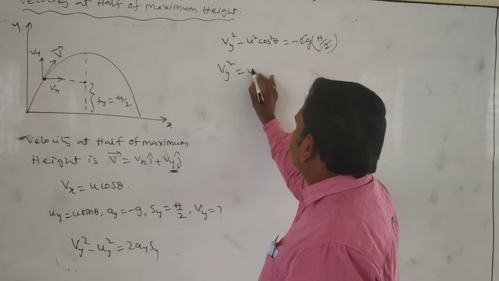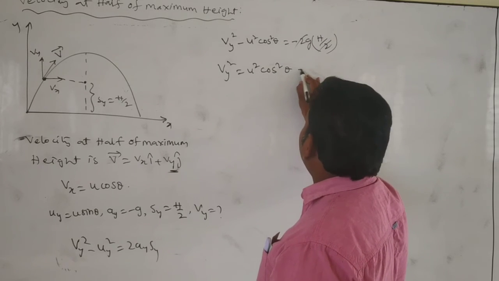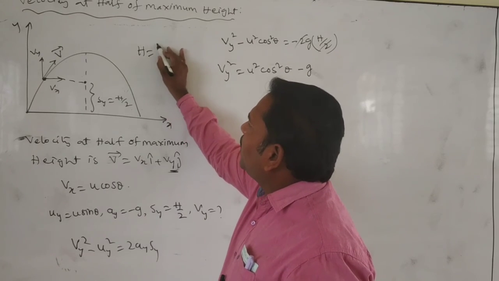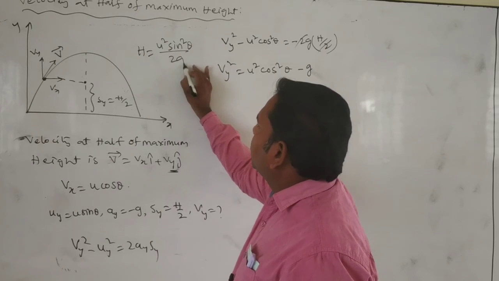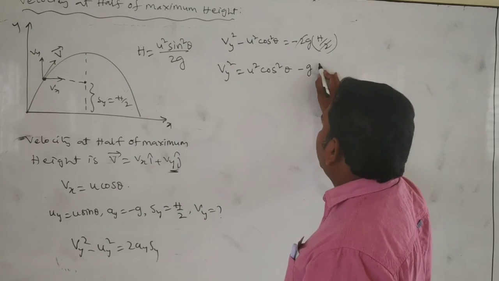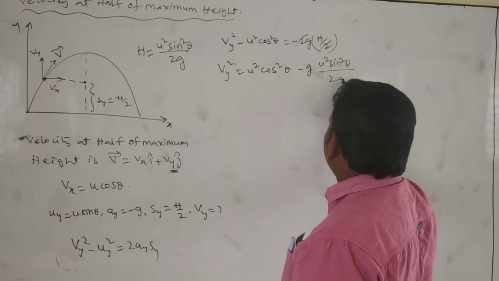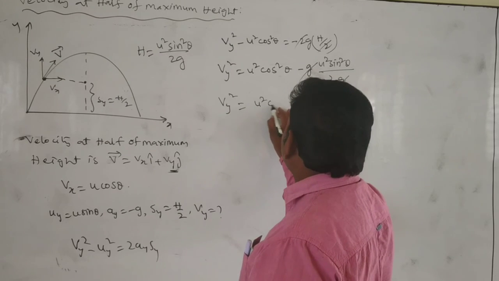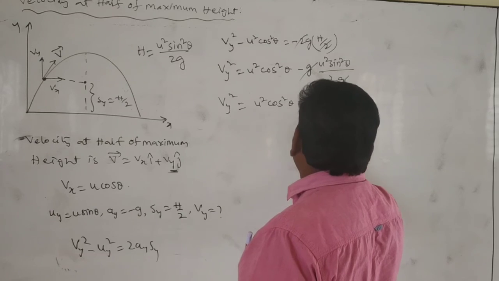Vy square equals u square sin square theta minus g into the maximum height formula, u square sin square theta by 2g. So g cancels. So vy square equals u square sin square theta minus u square sin square theta by 2.